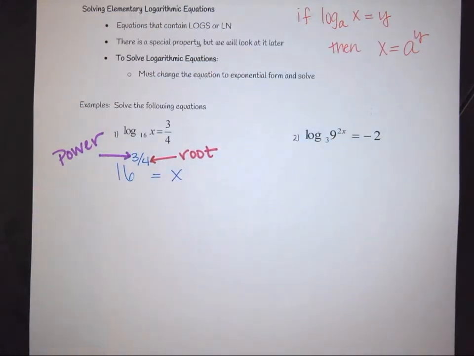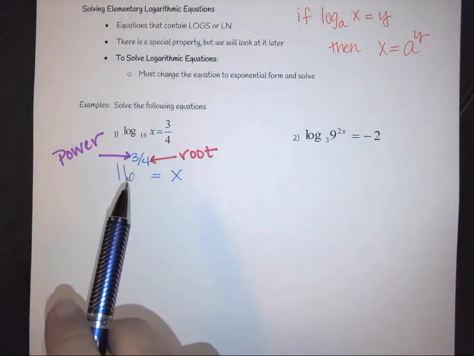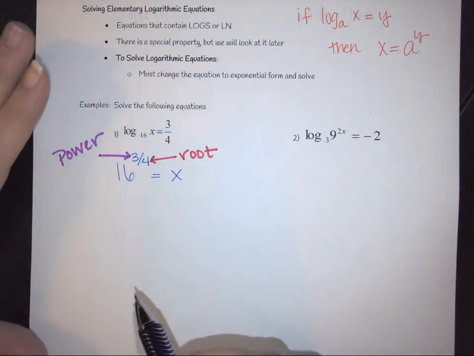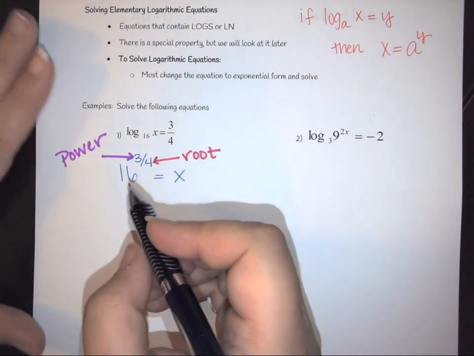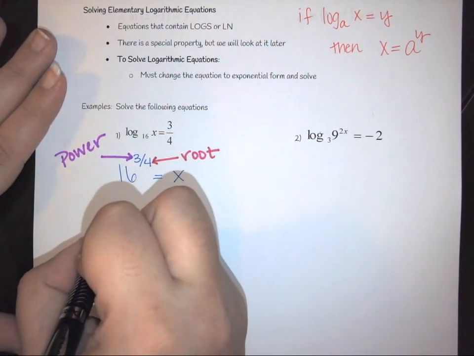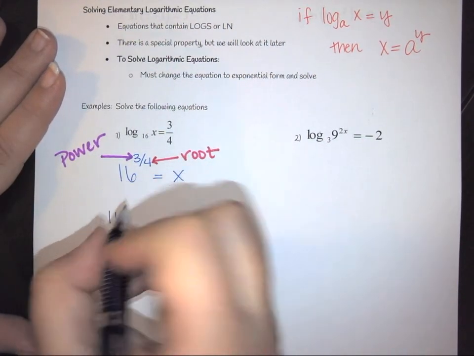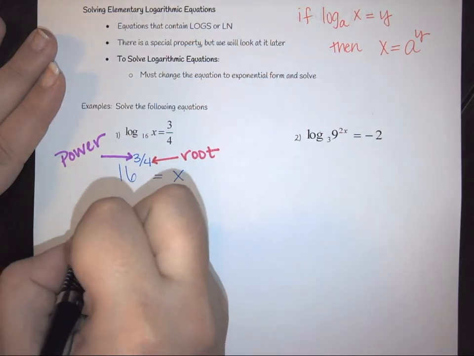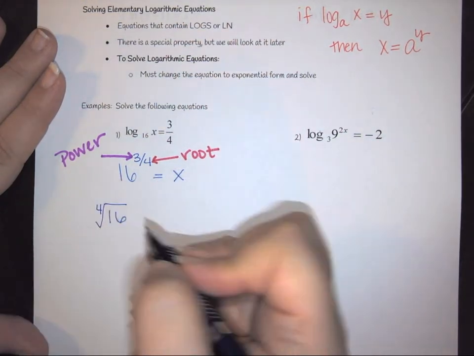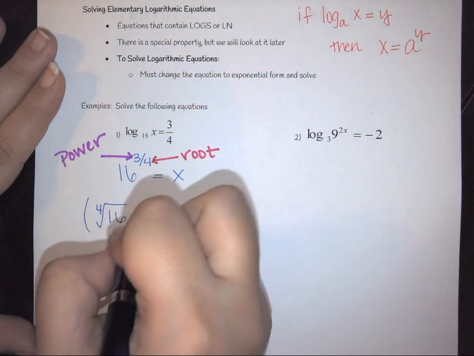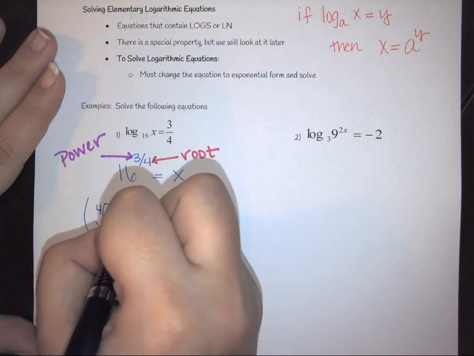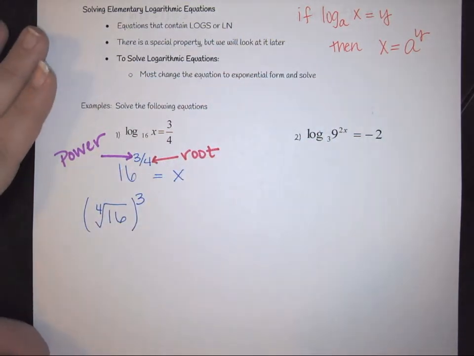So I need to rewrite this to show the root. Because these are numbers, we can rewrite it so that we are taking the fourth root of 16, and then raising it to the third power.